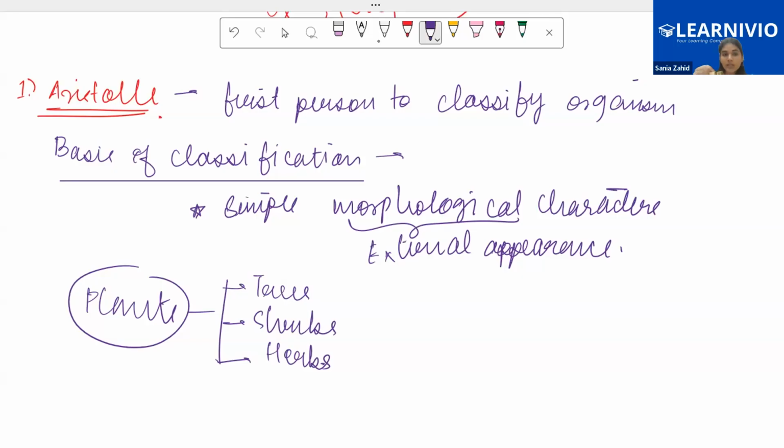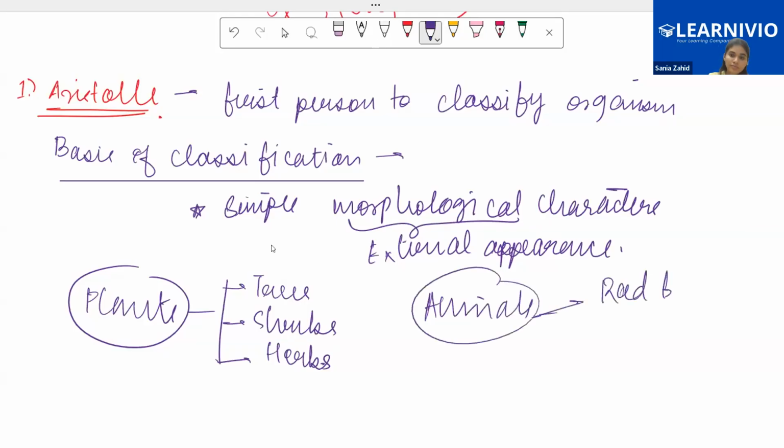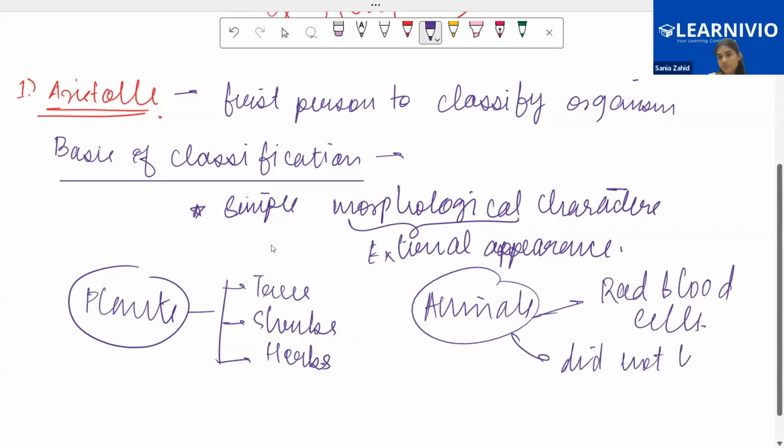And then what did he do? He divided plants into three categories: trees, shrubs, and herbs, and he also divided animals into two categories. Either they were red-blooded or they did not have red blood cells.